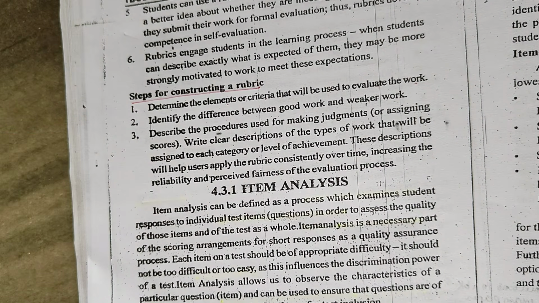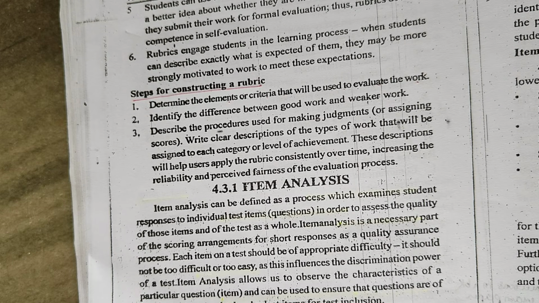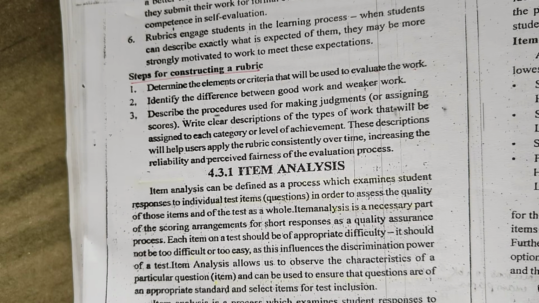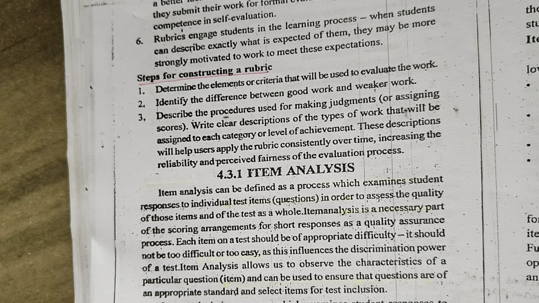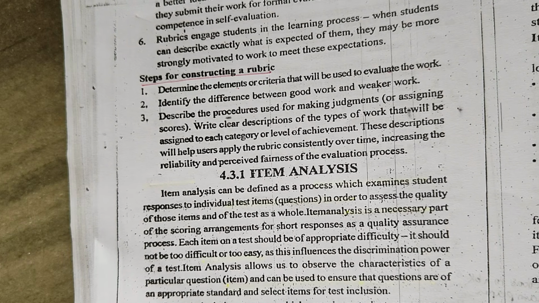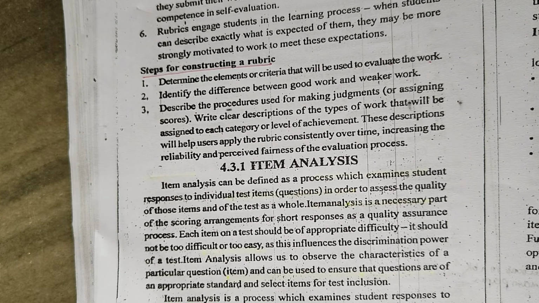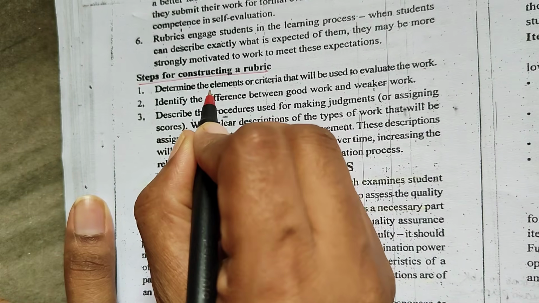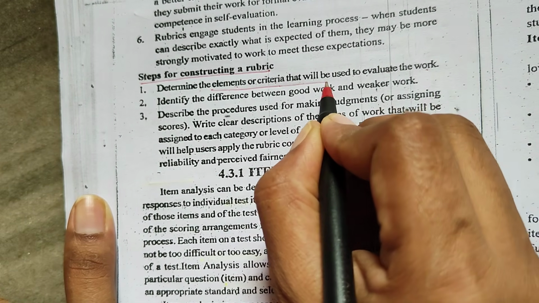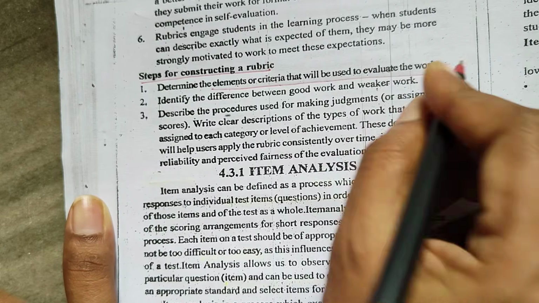See, for a singing competition you will evaluate or give feedback differently, according to the notes, what happens in singing, like that. For athletes you will give different feedback, for studies you will give different. So first you have to determine the elements or criteria that will be used to evaluate the work.